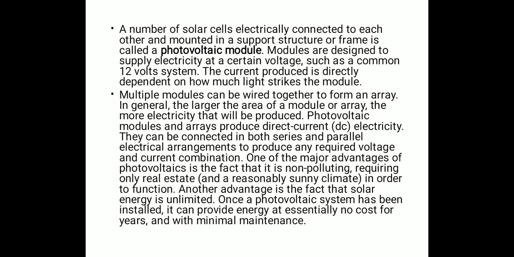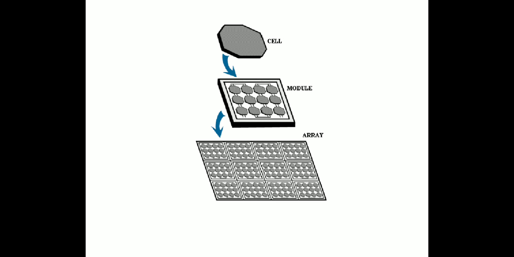One of the major advantages of PV is that it is non-polluting, requiring only real estate and a reasonably sunny climate in order to function. Another advantage is that solar energy is unlimited. Once a photovoltaic system has been installed, it can provide energy at essentially no cost for years with minimum maintenance.